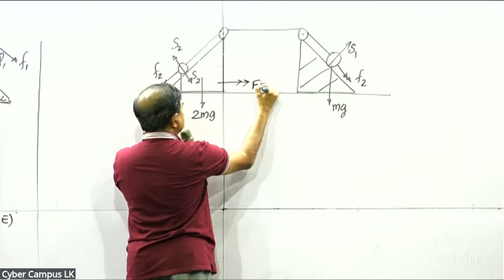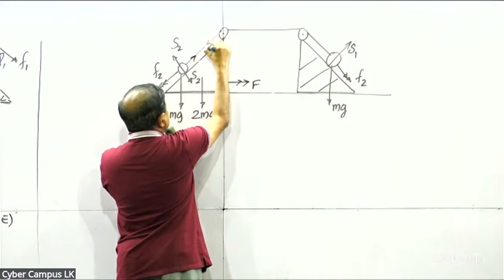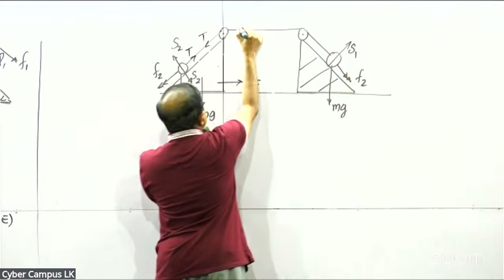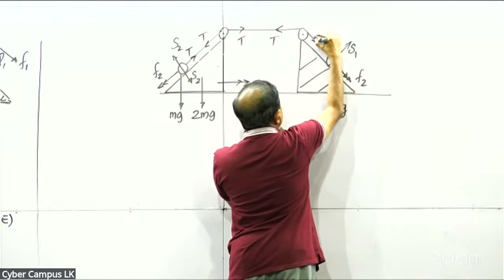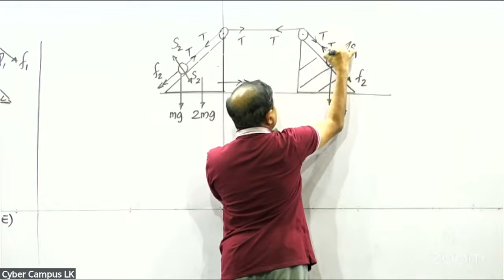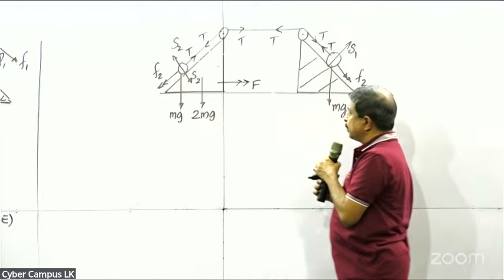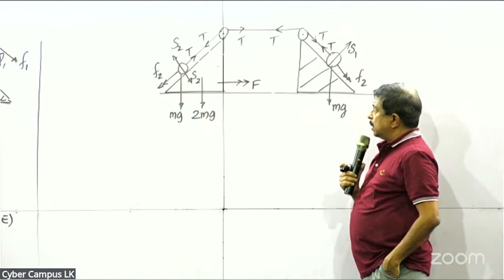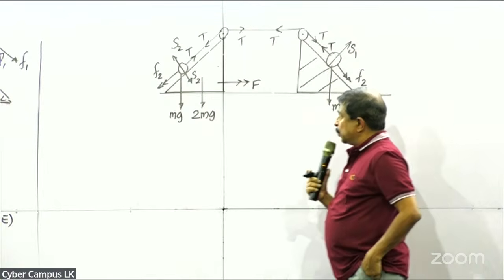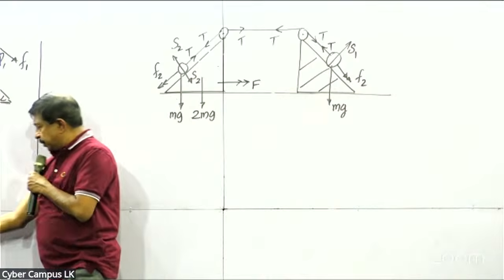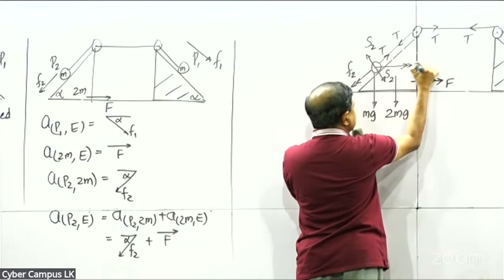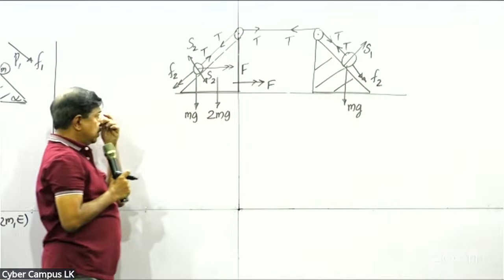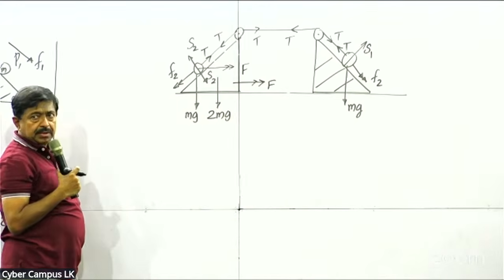This is capital F, and also we have to indicate the tension. Now, P2 has two components. One is F2 and the other is capital F.